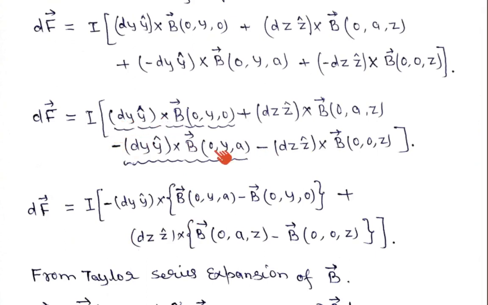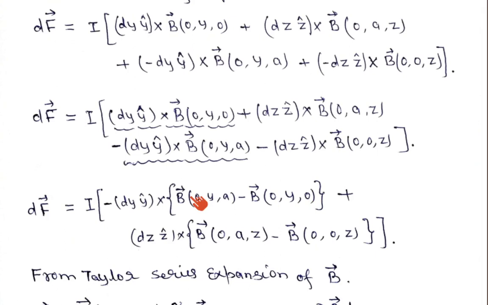If you see this quantity and this quantity, dy y unit vector and here dy y unit vector, this means this quantity is the same, but the magnetic field is different. Therefore, taking minus dy y unit vector as common, we can write minus dy y unit vector cross product B at 0, y, a minus B at 0, y, 0.